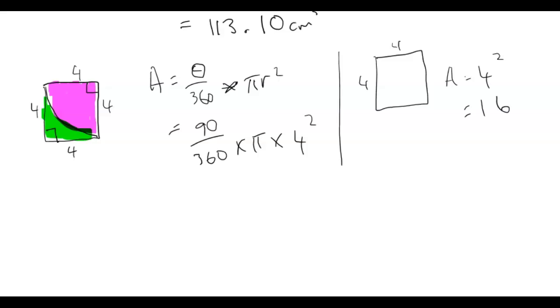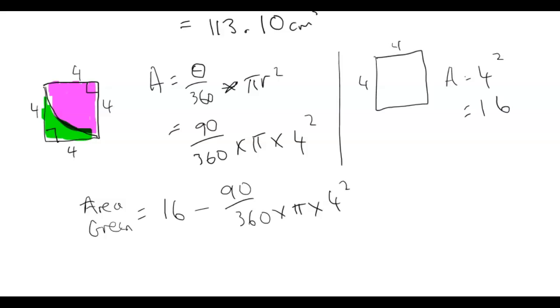So we've got 16 minus all this times pi times 4 squared, which is 16, but I'm just going to leave it like that. So that's the area of the green, or your constant cross section.